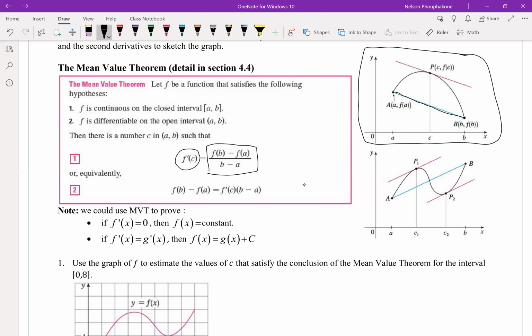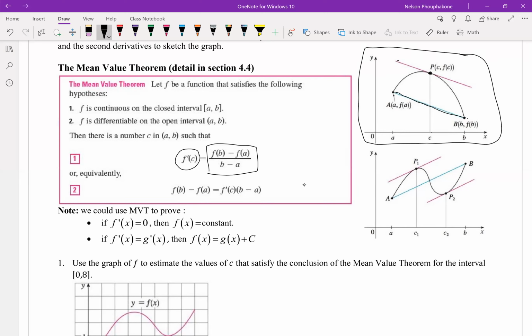By the mean value theorem, we can find a point x = c, where c is between a and b, such that the slope of the tangent line at (c, f(c)) is the same as the slope of the secant line between x = a and x = b. This is the idea of the mean value theorem.